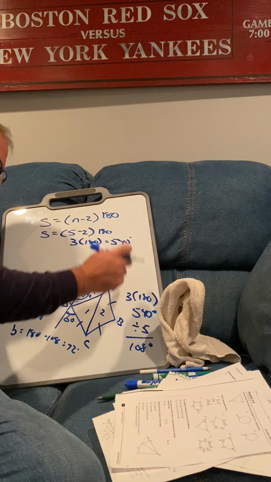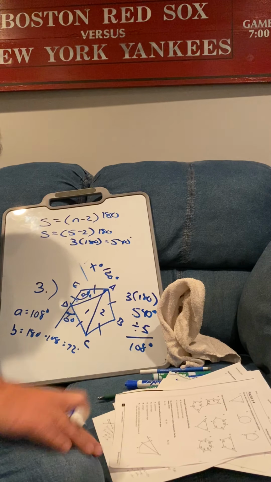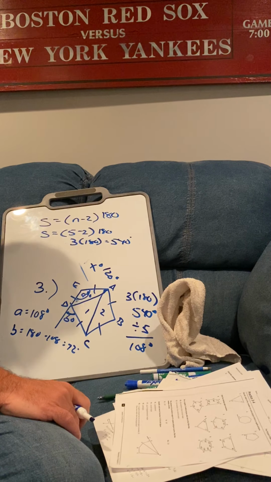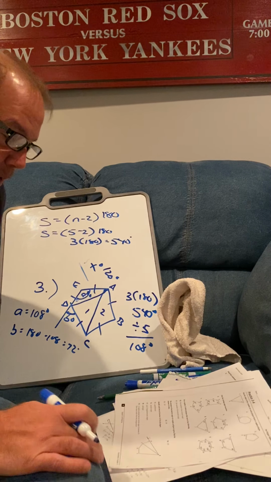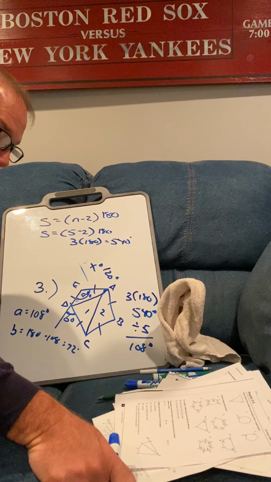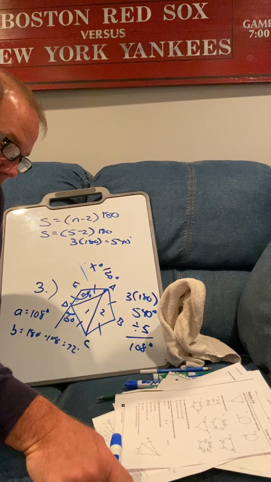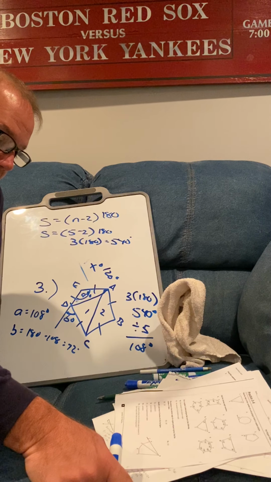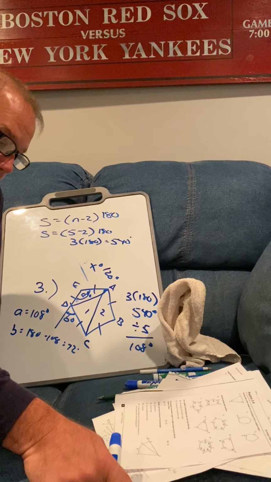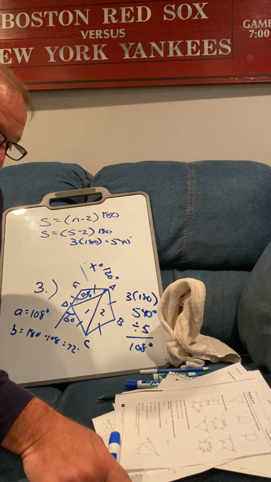We still end up with that 540 degrees, instead of breaking it up by the triangles. So for example, in number 4, that figure, again, is a pentagon. It has 5 sides, so all of the angles are going to add up to 540. For you to find X, you're going to add them all up and subtract from 540.